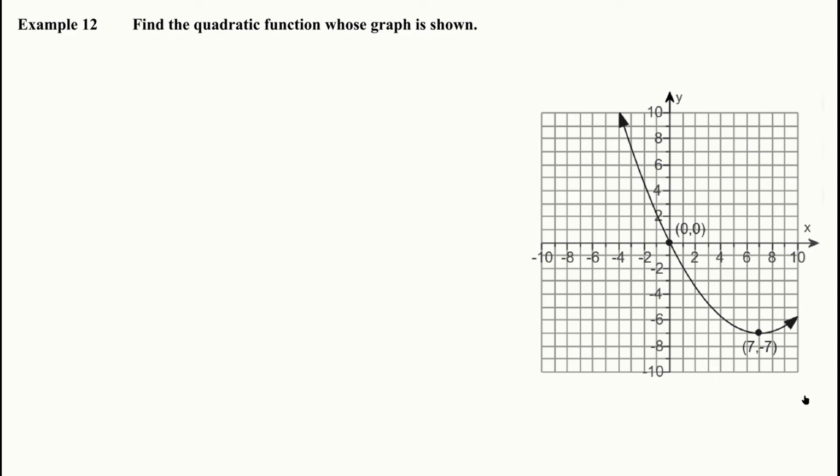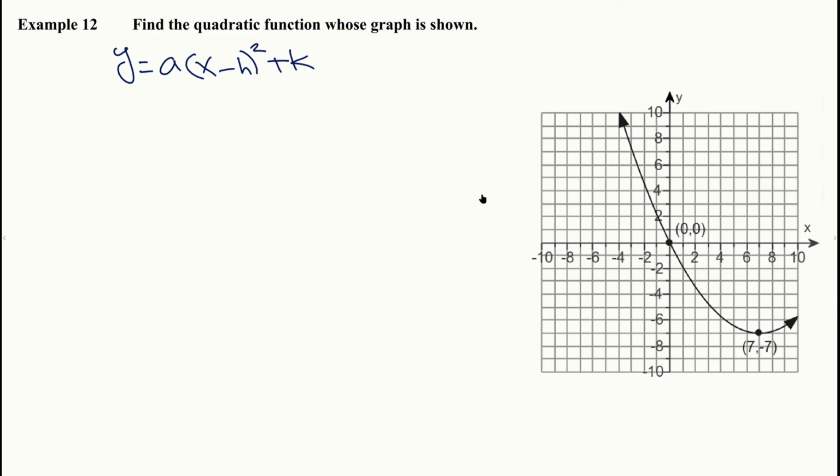Well, remember, a parabola in vertex form, and that's the magic thing here because we have the vertex. We know that a parabola in vertex form has the form y equals a times (x minus h) squared plus k, right? So I'm going to use both of those points.